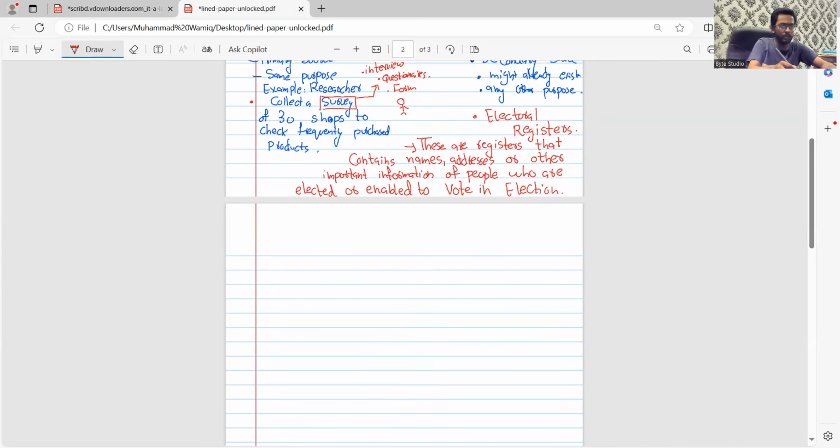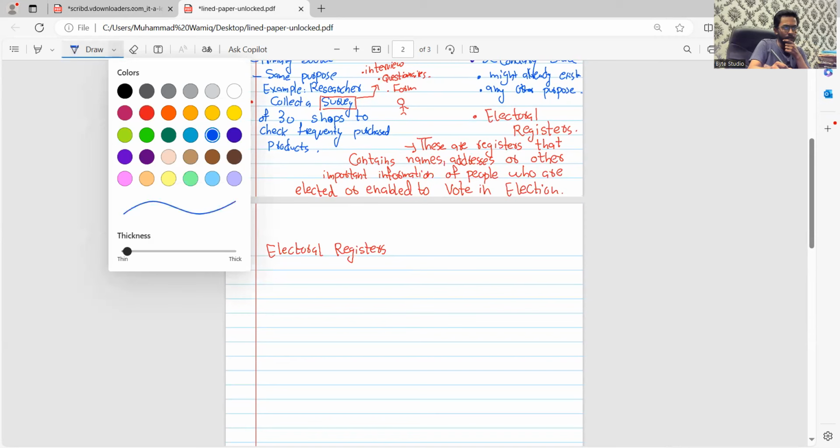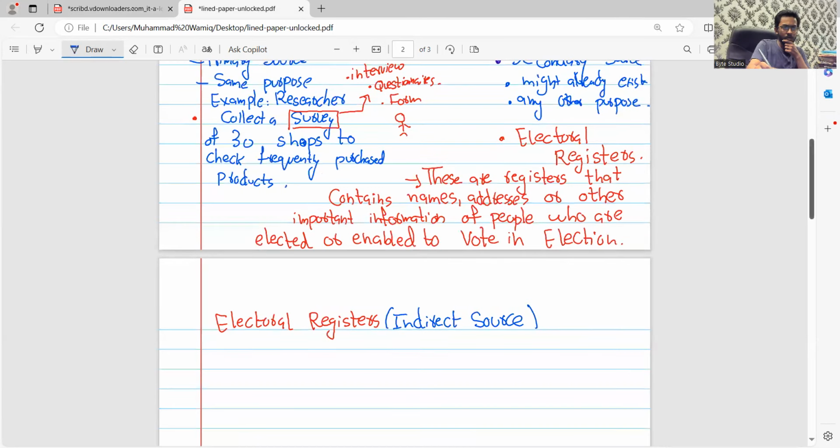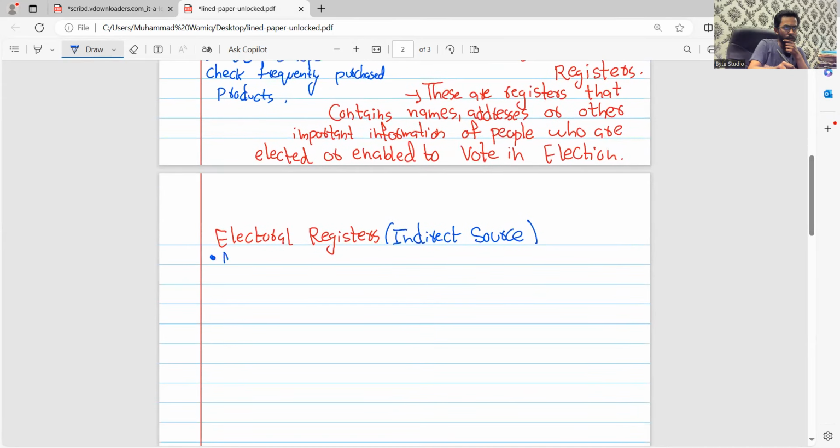And furthermore, these electoral registers, which are an example of an indirect source, are also used in marketing or for keeping or storing important information of customers who are elected to vote.